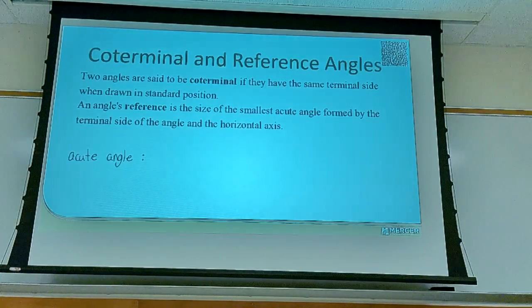What is an acute angle? Remember that from geometry: an angle that's less than 90 degrees. That's half of it. Is negative 10 degrees acute? No. So what's the other half? It has to be positive, between 0 and 90, but not 90.